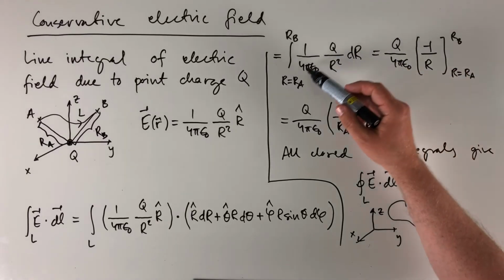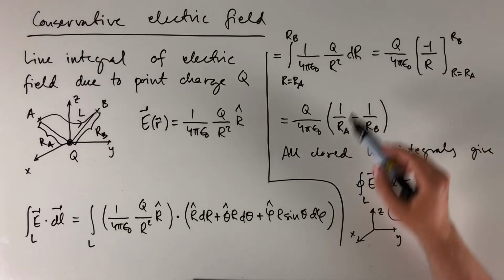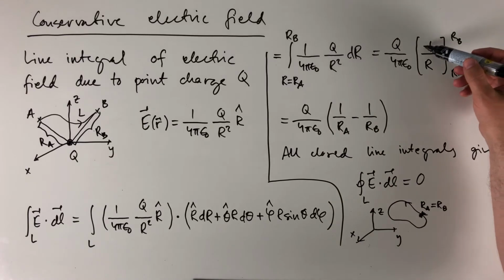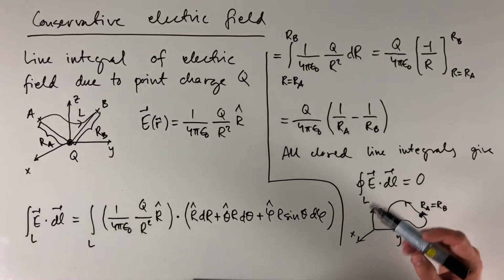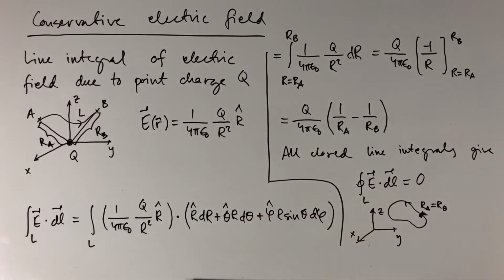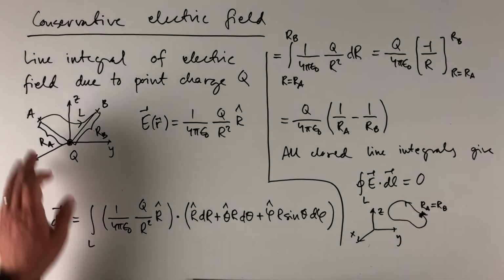So q over 4 pi epsilon naught we can consider as a constant, so we need to integrate 1 over r squared, and that primitive function is -1 divided by r, and here we have the limits, and as we put in the limits we arrive at this result. Now this result is valid for all possible curves L.